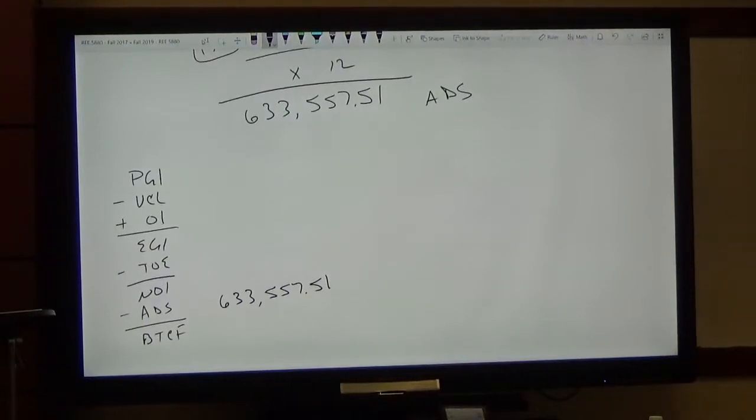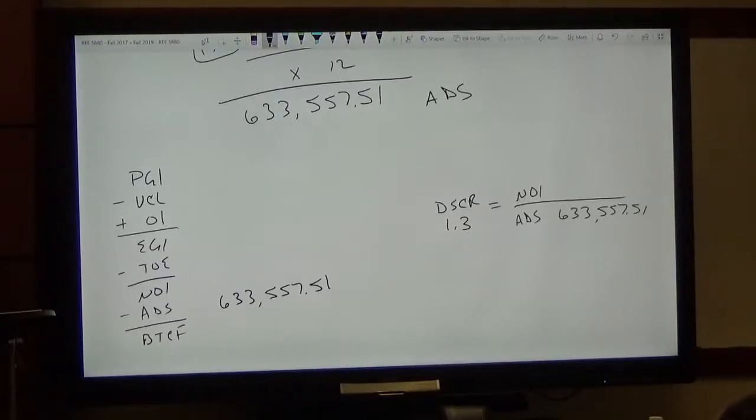Okay. Now, if the lender had set a debt service coverage requirement of 1.3, working at it from this angle, we now have the annual debt service of $633,557.51, so we can simply multiply that by the 1.3, and that's going to give us $823,624.76.